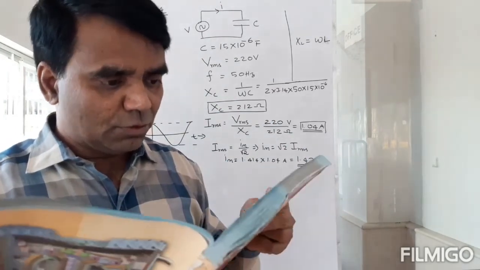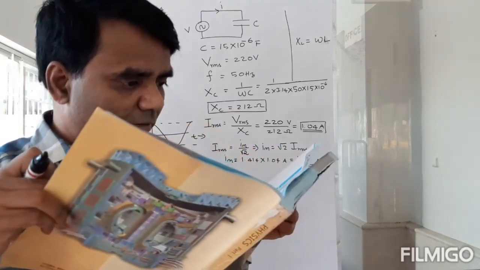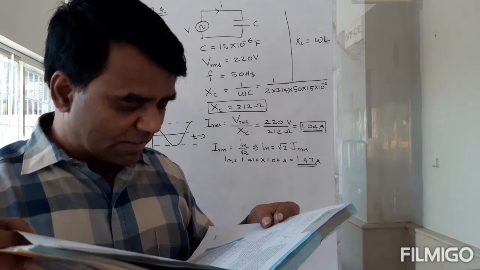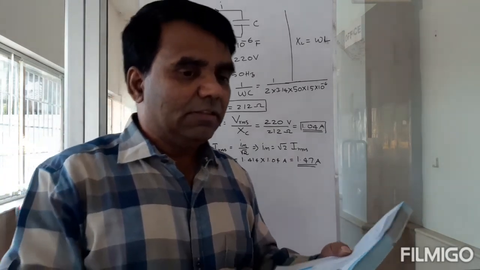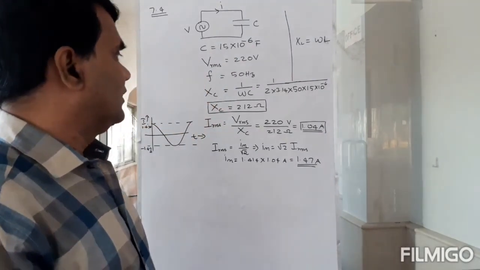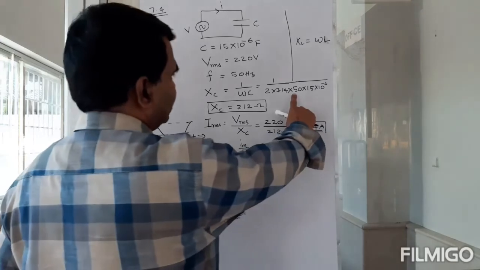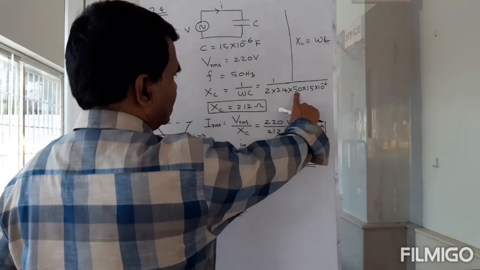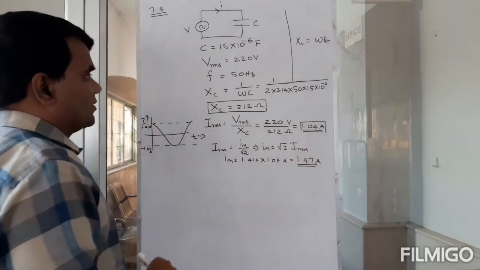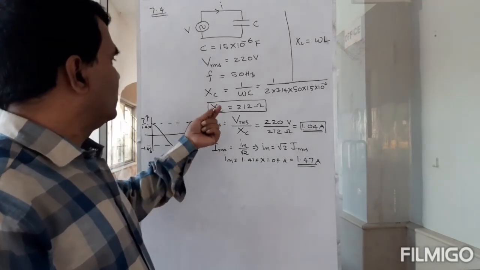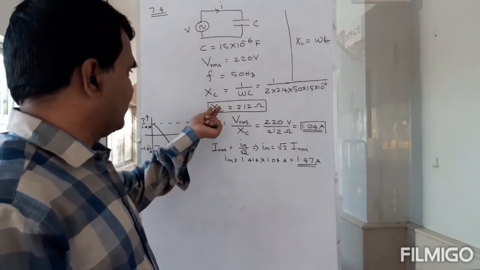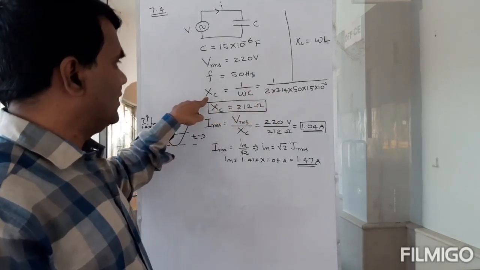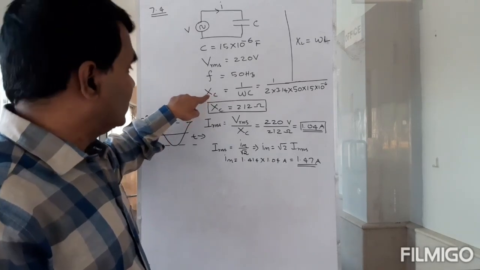That is one. What is the second part? If the frequency is doubled, what happens to the capacitive reactance and the current? Let's suppose I double the frequency: instead of 50, I'll have 100 here. If I double the frequency, the capacitive reactance will be halved.